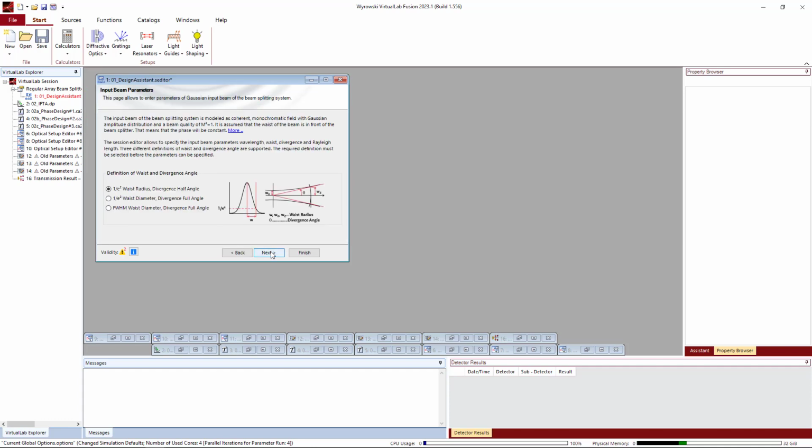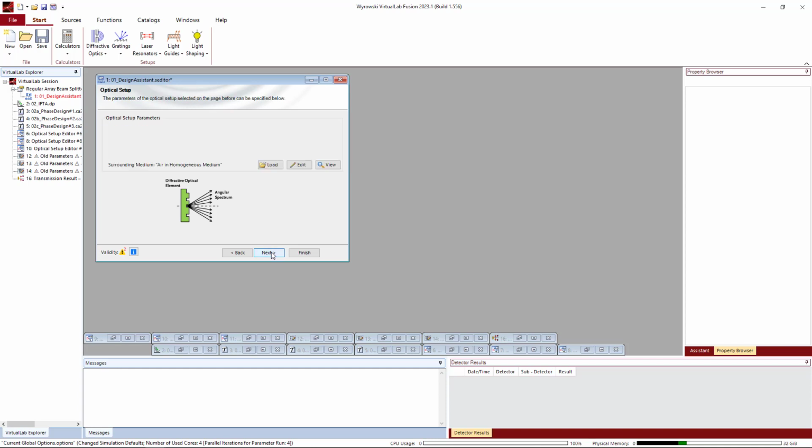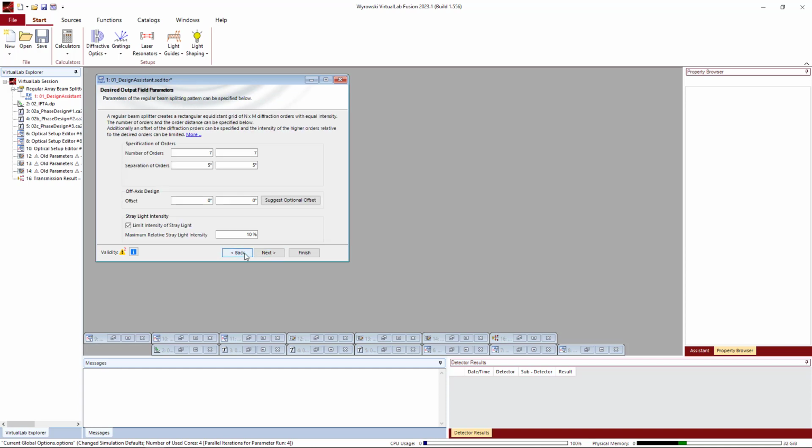Now, we're not going to look at everything in detail, but just to give you a peek into what kind of parameters you would have to enter the values of in this design wizard. Here we have the description of the incident light, where we enter the wavelength and the waist radius, and then a few steps forward, we can define the number of orders that we want to produce.